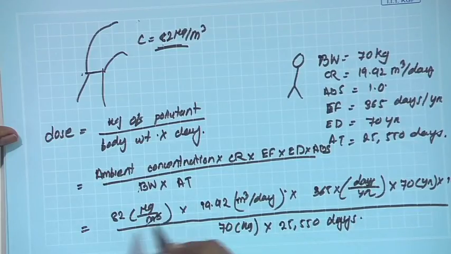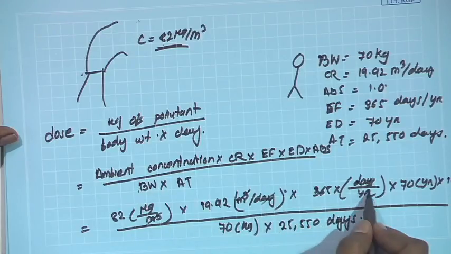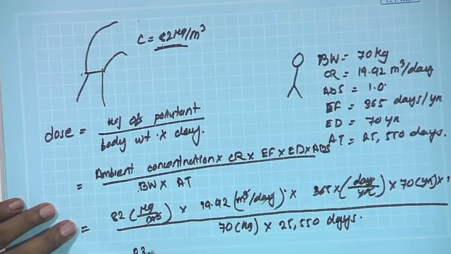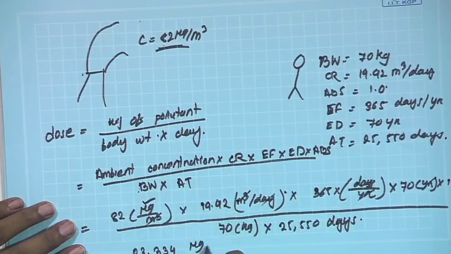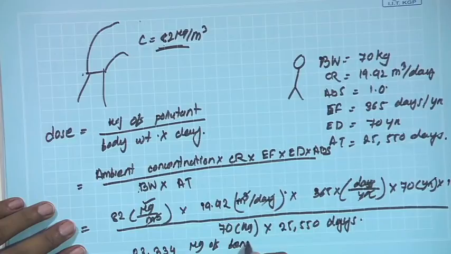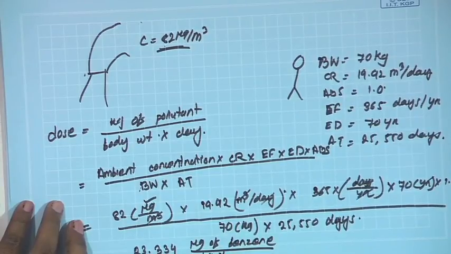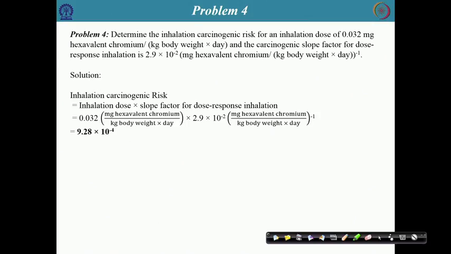So, here meter cube got cancelled, days and days, year and year. So, this will be 23.334 microgram of benzene divided by kg of body weight per day.